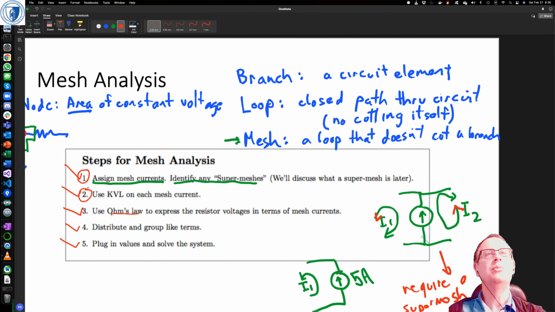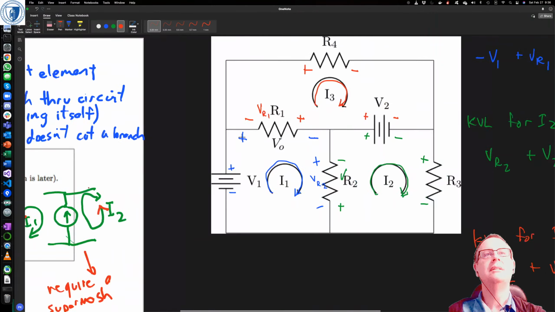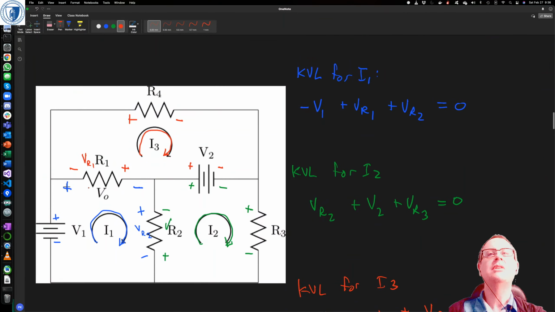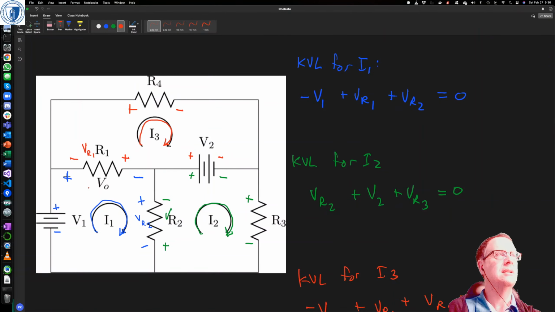Right, so we use Ohm's law, V equals IR. And I don't have any numbers for this, so I'm just going to keep V1 and V2 as V1 and V2. So that's going to be minus V1. VR1 is going to be R1 times I1 minus I3.